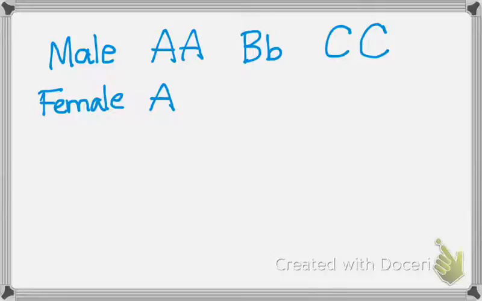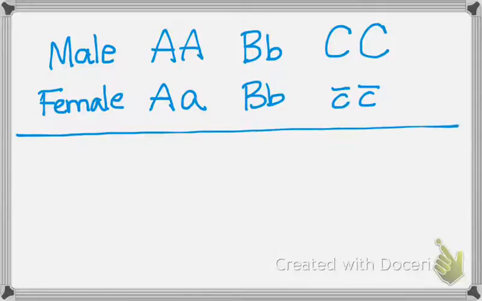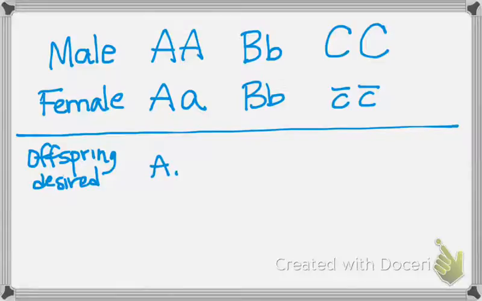Now if you'll notice, these are 3 different sets of letters, 3 different genotypes. So what would you call this? A trihybrid, yes. Does it say desired?